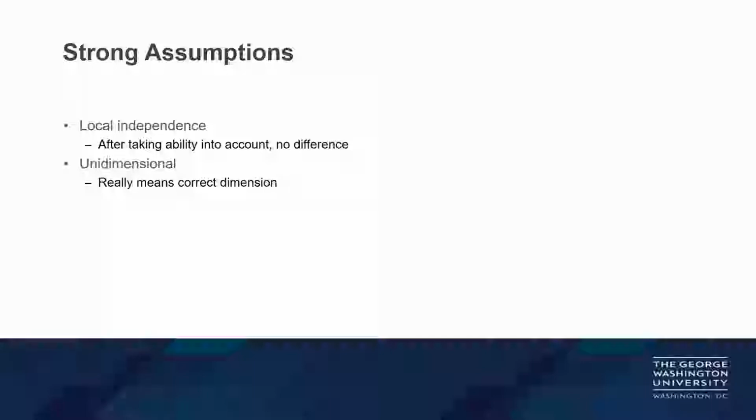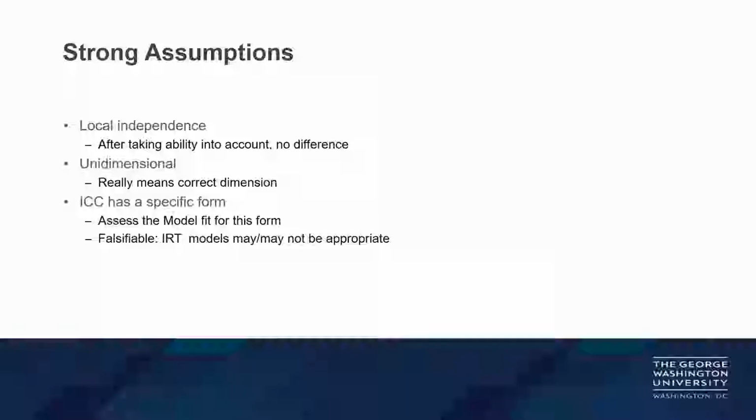We should have one underlying trait that we're measuring. The item characteristic curve should have a specific form. We can assess that form, and it's falsifiable. IRT may or may not be the appropriate method to use, or at least that model, that mathematical model may be incorrect, and we could pick a different mathematical model.